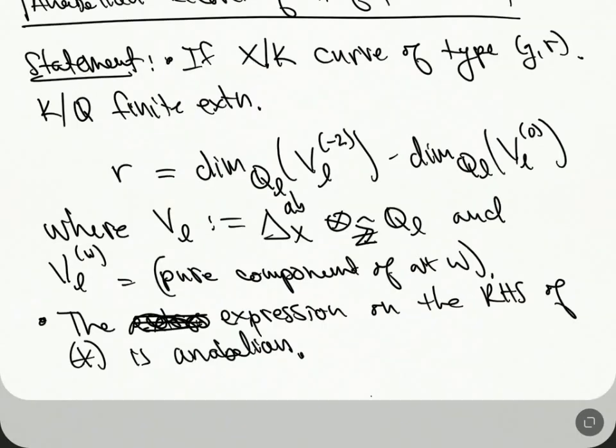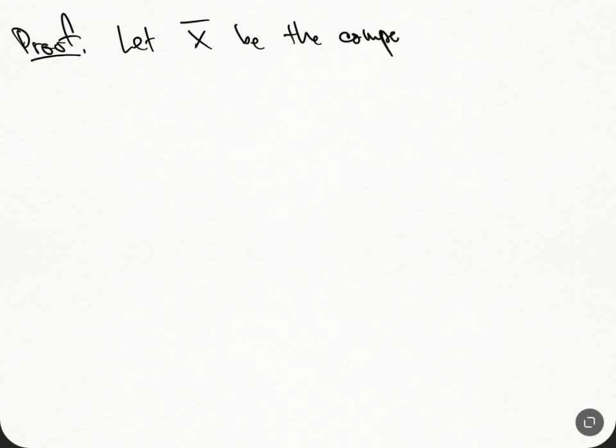Okay, so let's talk about this. So let's do the proof. Again, we're going to let X bar be the compactification of X, and then we can consider the sequence.